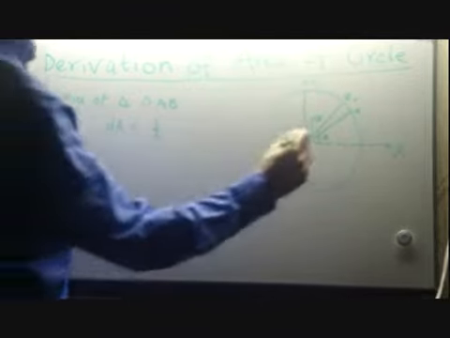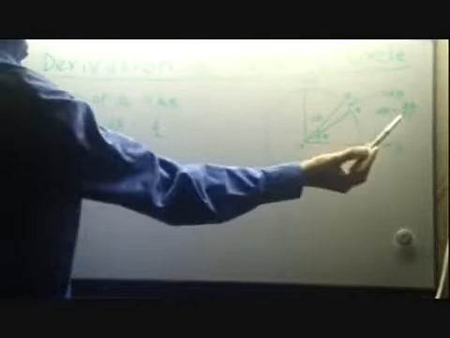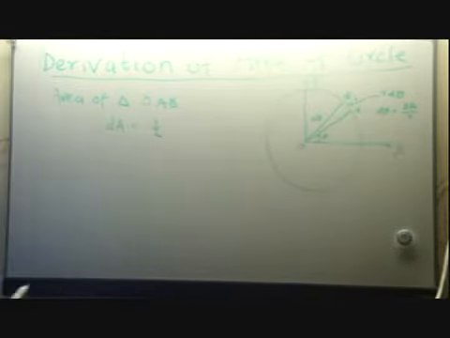And as we know, the length of this small arc is given by r into d theta, because d theta angle is given by the length of this arc BA divided by the radius r. So this arc BA is given by r into d theta.